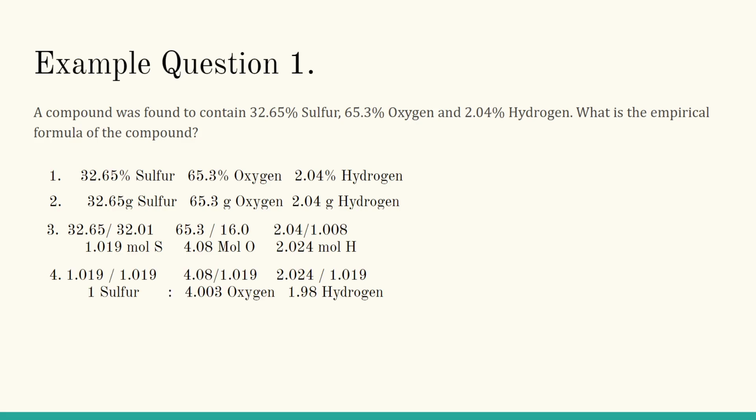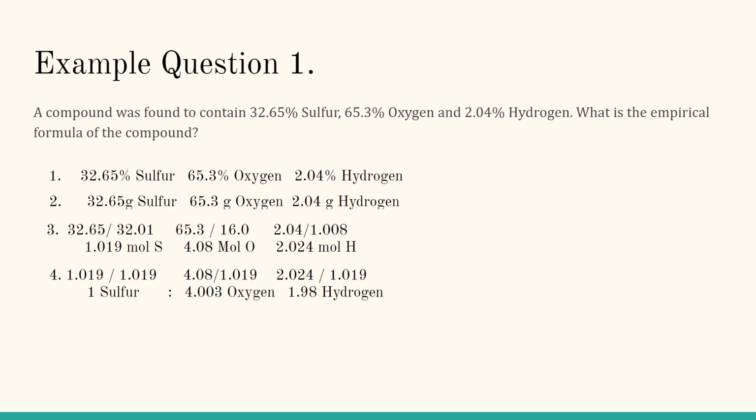We're going to compare our moles by dividing by the lowest number of moles. And in this case, the lowest number of moles is 1.019. So we take the moles of sulfur, 1.019, and divide that by 1.019, which means that this compound has the ratio 1 sulfur.